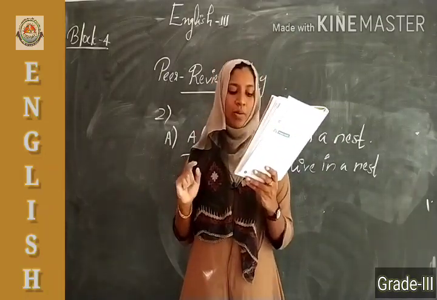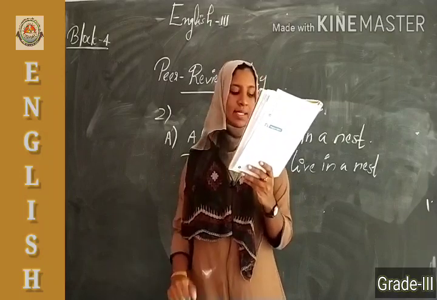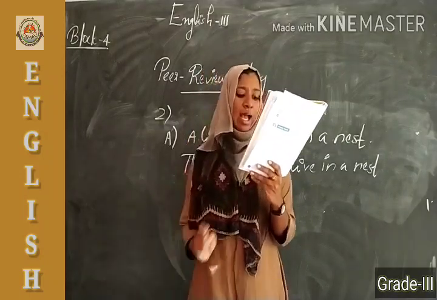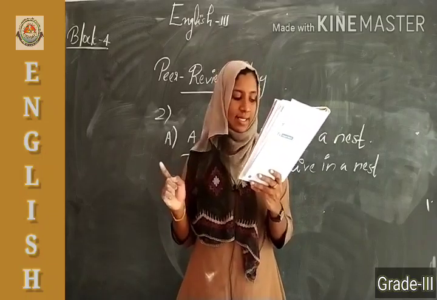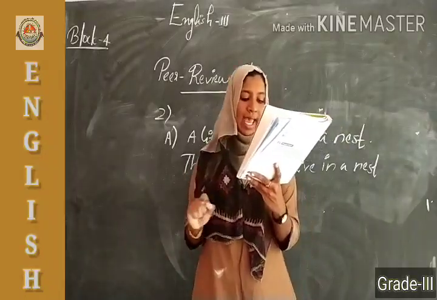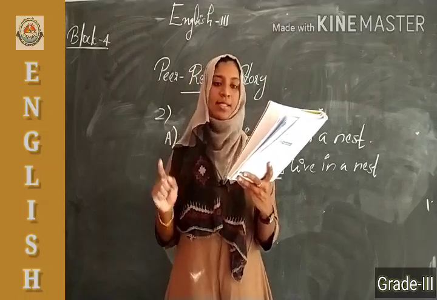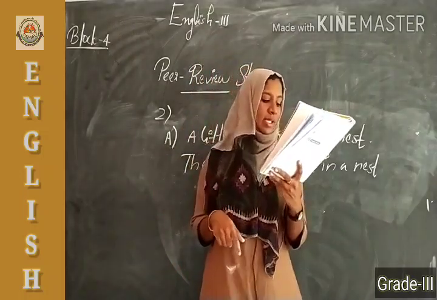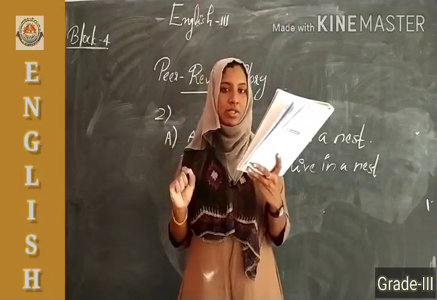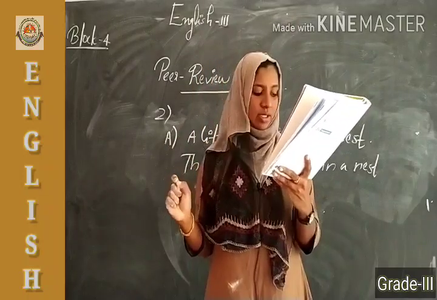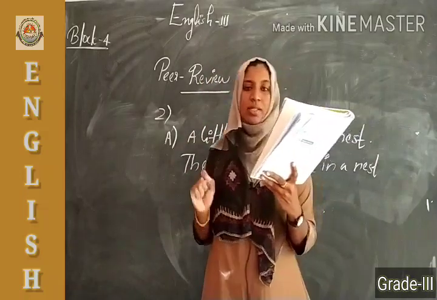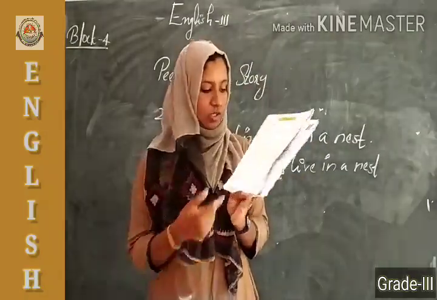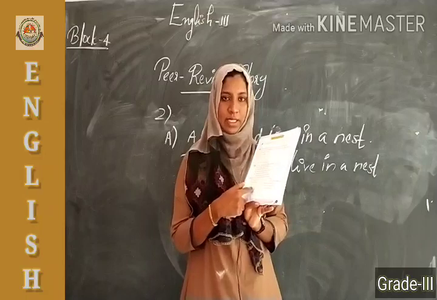In brackets we have write or writes. Question number C, I dash well, which means dance or dances. Question D, he dash tea, prefer or prefers. And question number E, Renu dash, study or studies. So you have to fill in the correct verbs here.